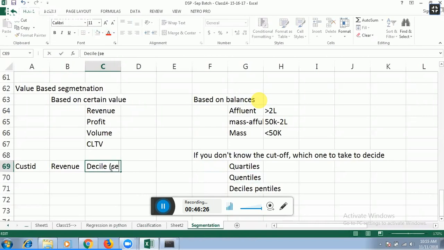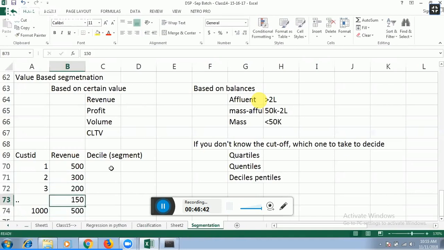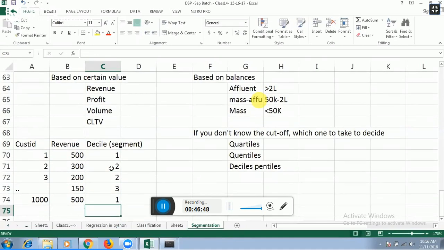A decile is nothing but a segment. Something like that, you will get it. Does that make sense? So this is what we call value-based segmentation.